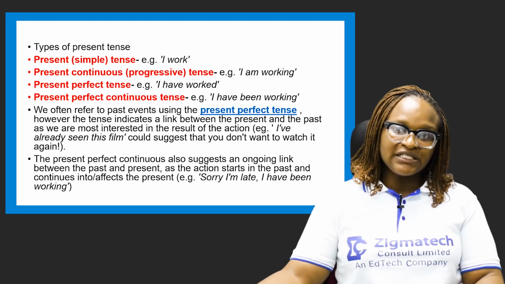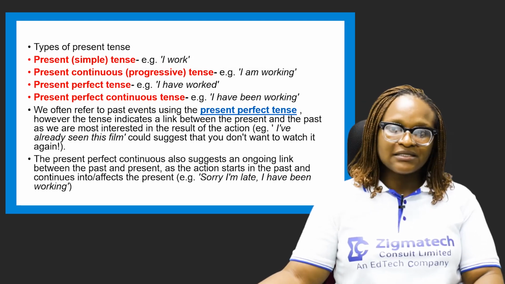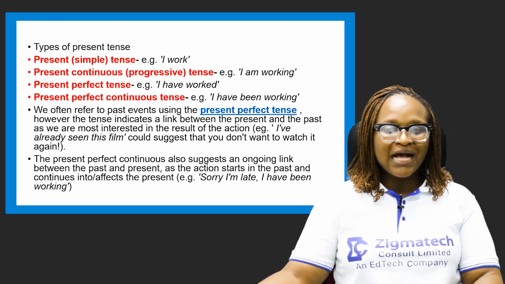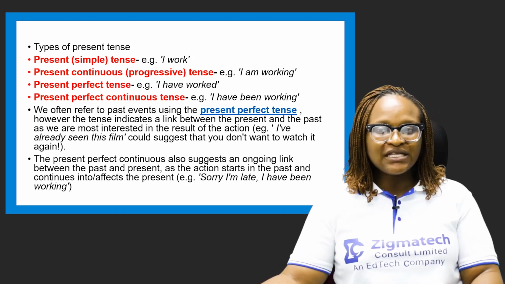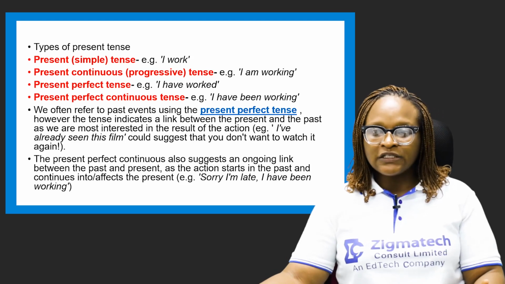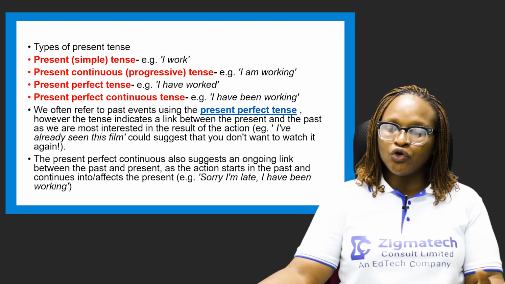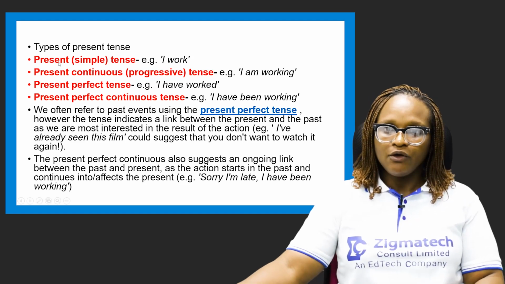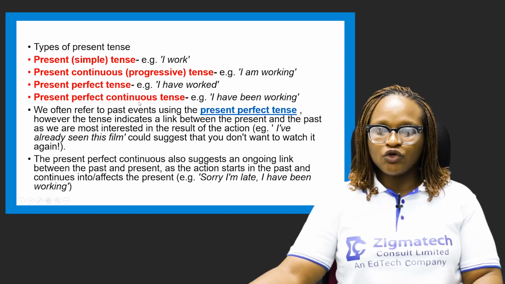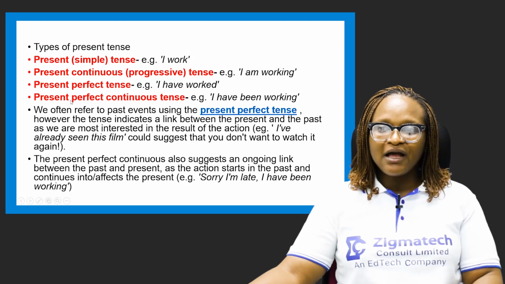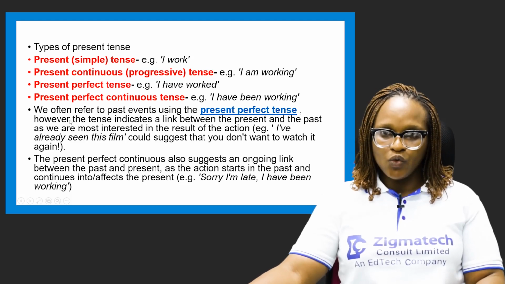So if it is present, you use has walked. If it is past, you use had walked. Present in respect to singular subjects, then have in respect to plural subjects. Okay, so we have present perfect continuous, that is have been working.